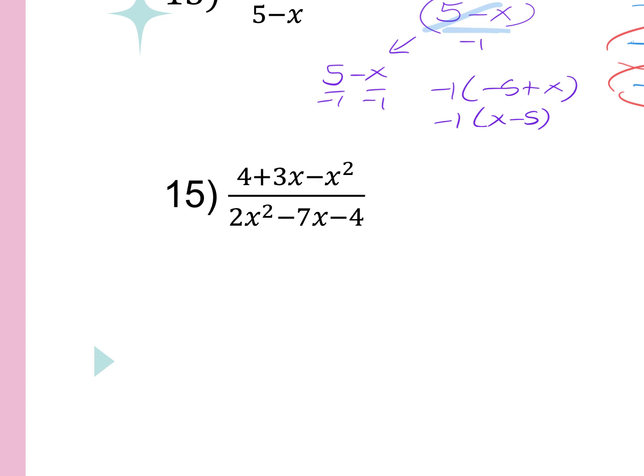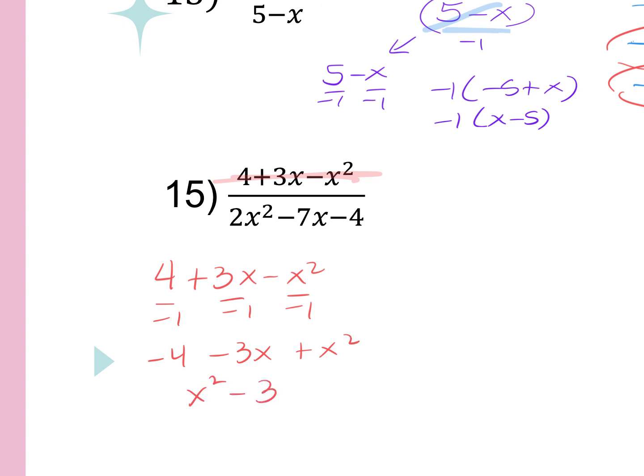So like if you want to try to factor that x squared as positive, take the 4 plus 3x minus x squared, this numerator, and I'm going to factor out a GCF of -1. And then I'm going to also rearrange it and put it in standard form. So I'm going to put it as x squared minus 3x minus 4.